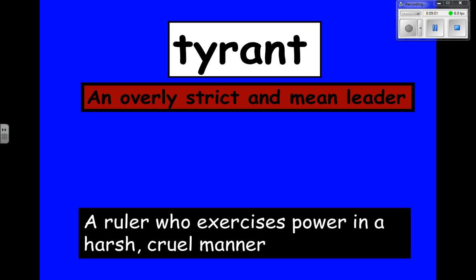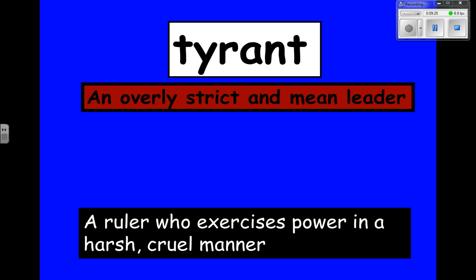Tyrant, an overly strict and mean leader. My sons would probably call me a tyrant sometimes, but I'm really not. I'm a big teddy bear. A ruler who exercises power in a harsh, cruel manner. We've had modern day people around the world that have been characterized as tyrants.